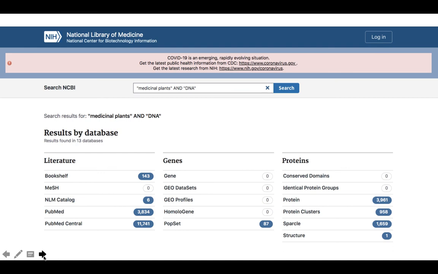Using those two keywords, I checked the repository of the National Center for Biotechnology Information, and NCBI returned an outstanding number of published literature and scientific articles. From PubMed Central and PubMed, you can see a total of about 16,000 scientific articles associated with studying the medicinal value of plants, which probably might have used DNA as an important unit of analysis.